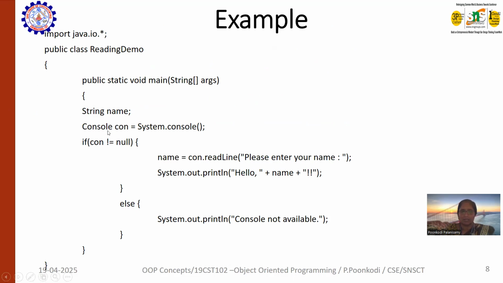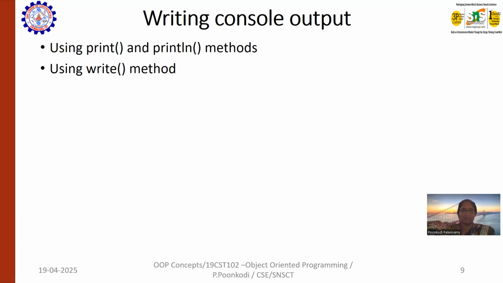Here we have created an object, using the class name, System class dot console method. Then if the object is not equal to null, we can get the input. Else, it will print that the console is not available. If the console is being used by some other program, it will print that the console is not available. Otherwise, we can use it.